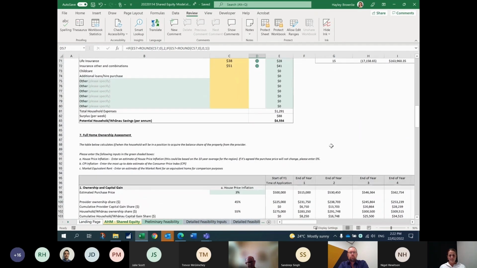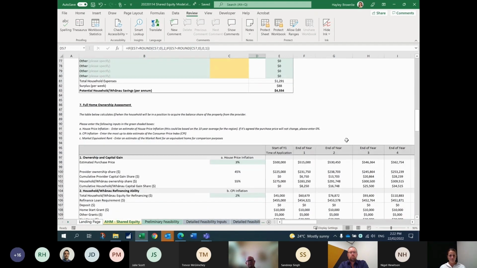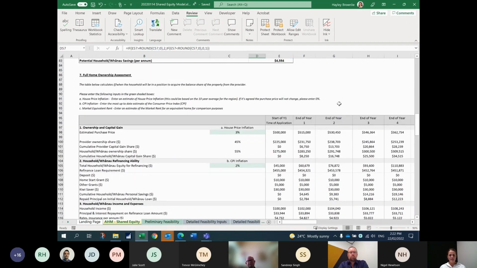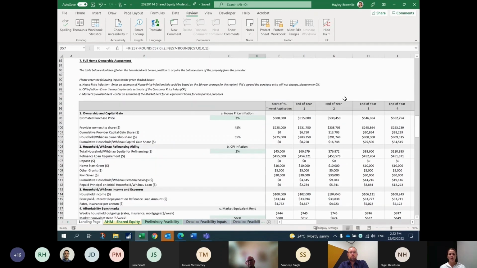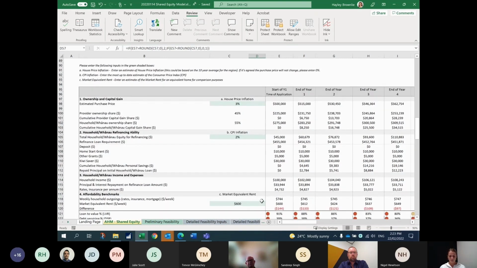So that is the affordability at year 1, and I'll come back to the key outputs that are summarised above. Table 7 here is the full home ownership assessment. This requires 3 inputs: an estimate of house price inflation, an estimate of CPI inflation, and market equivalent rent.